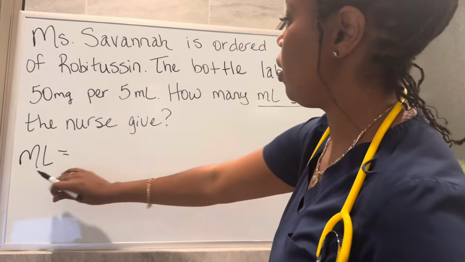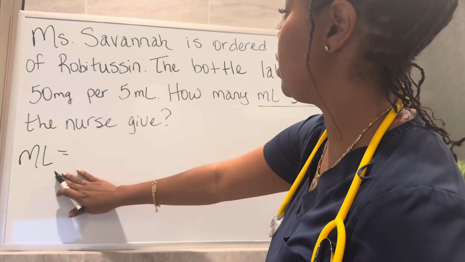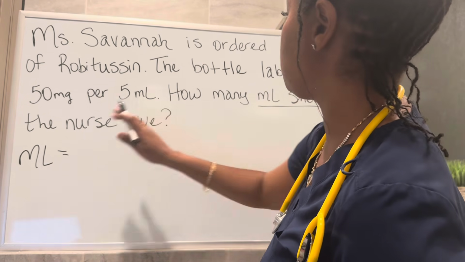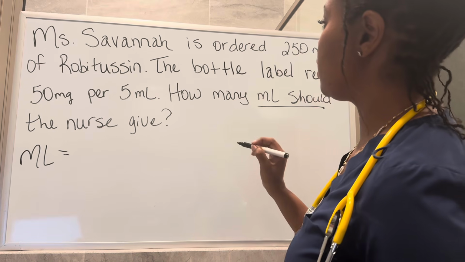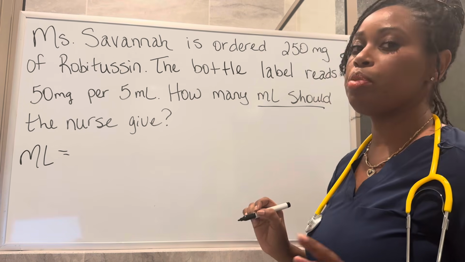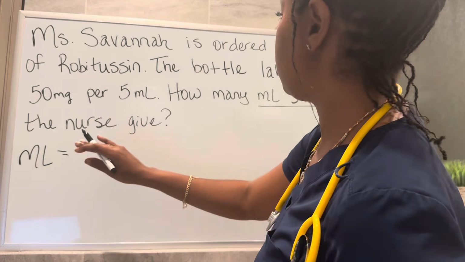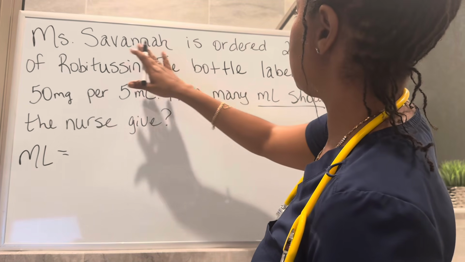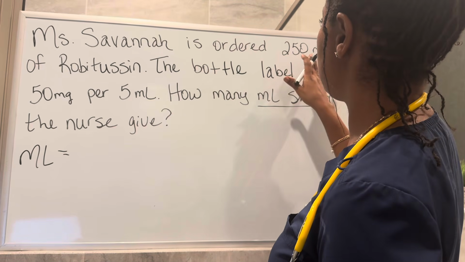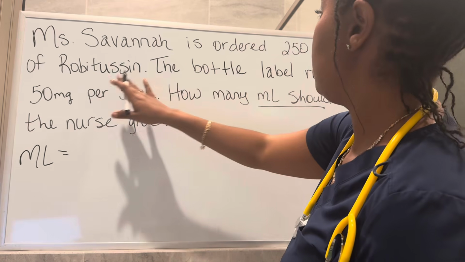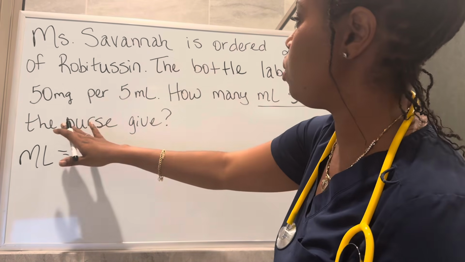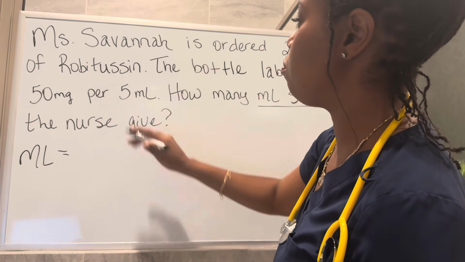Okay? All right, so let's see how many milliliters I have. So let me go back to my problem and pick out the things that I need so that I can solve this equation perfectly. Okay? All right, so it says Mrs. Savannah is ordered 250 milligrams of Robitussin. The bottle label reads 50 milligrams per 5 milliliters.